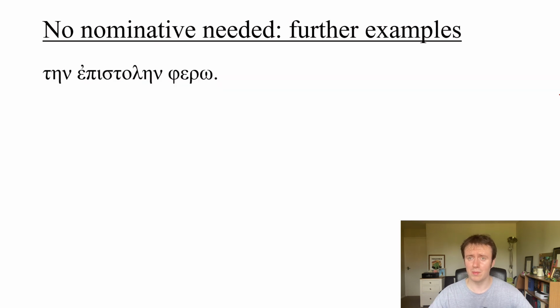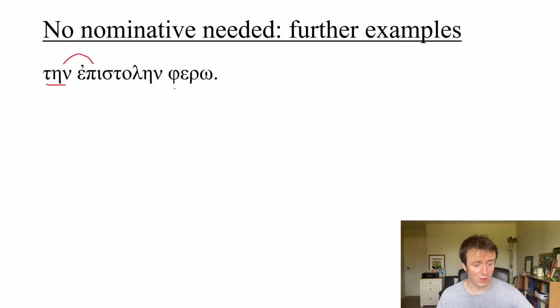Okay, let's now look at some more straightforward examples using the other person endings of verbs in omega in the present indicative active. Here we have the sentence tēn epistolēn pherō. Now, tēn is feminine accusative singular, and so we know that the letter, tēn epistolēn, is the object and that there is just one letter.